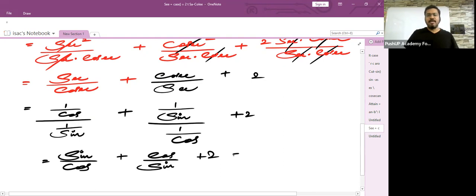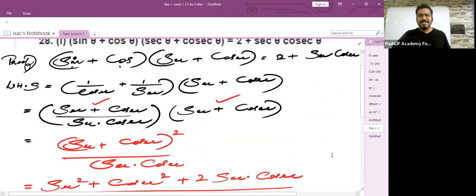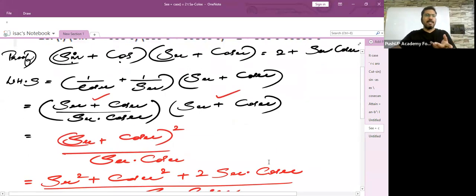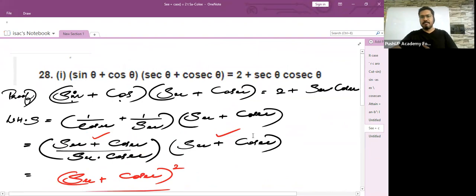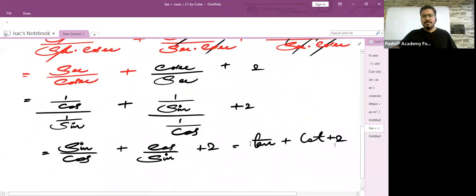Children, we end up getting tan plus cot plus 2. And what is the required result? 2 plus sec into cosec. No, children, we are not getting the result. There is nothing wrong with what we did, everything is fine. But I think this method is not working for us, so we have to think of something else.